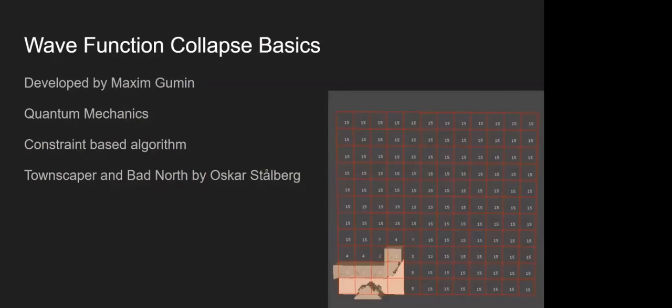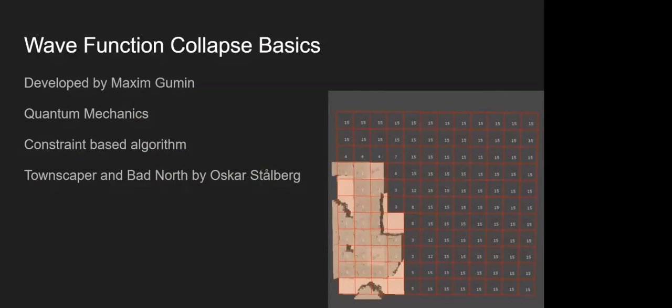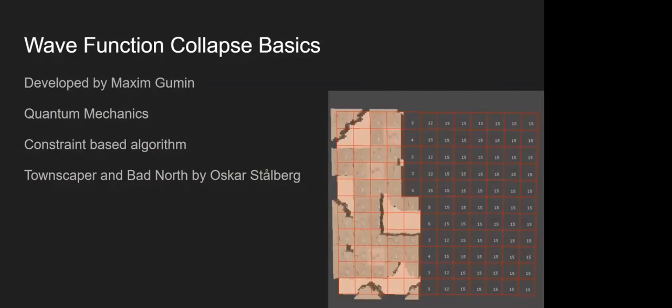Wave function collapse is the algorithm we use to place all the tiles in this project. It is an algorithm developed by Maxim Gumin, and it's inspired by quantum mechanics, where in an unobserved state, a particle can be anything, and the more you observe it, the fewer possibilities there are.